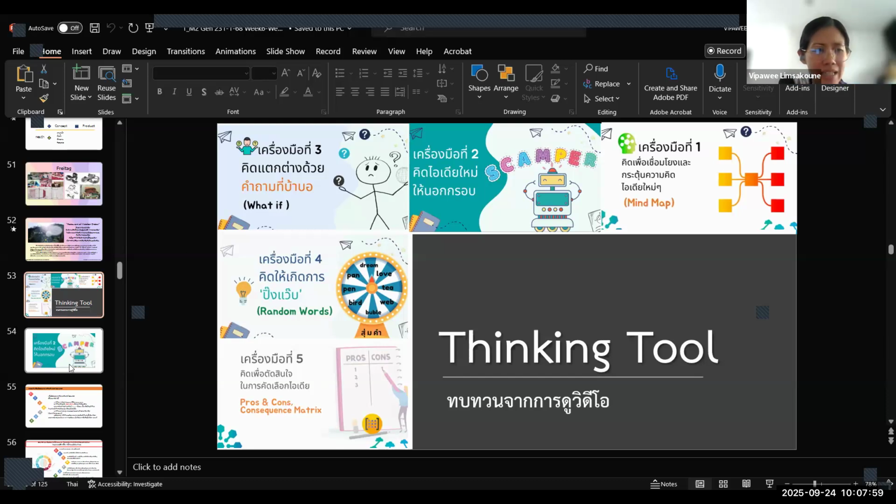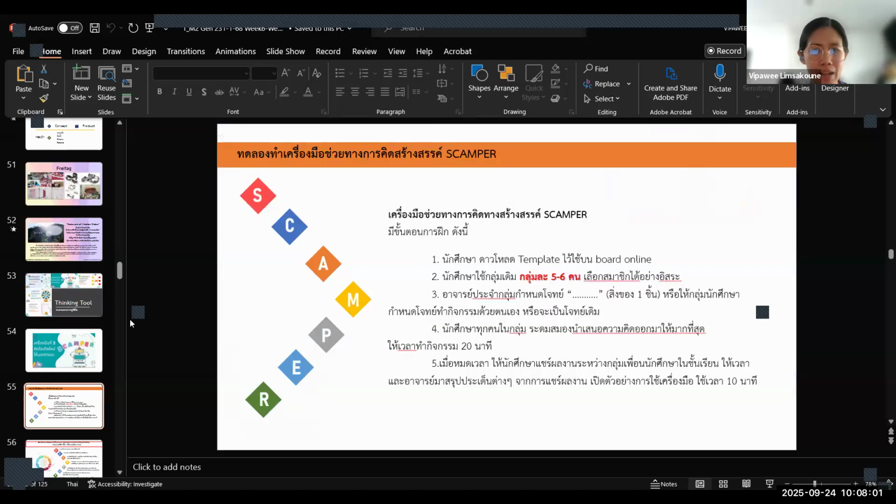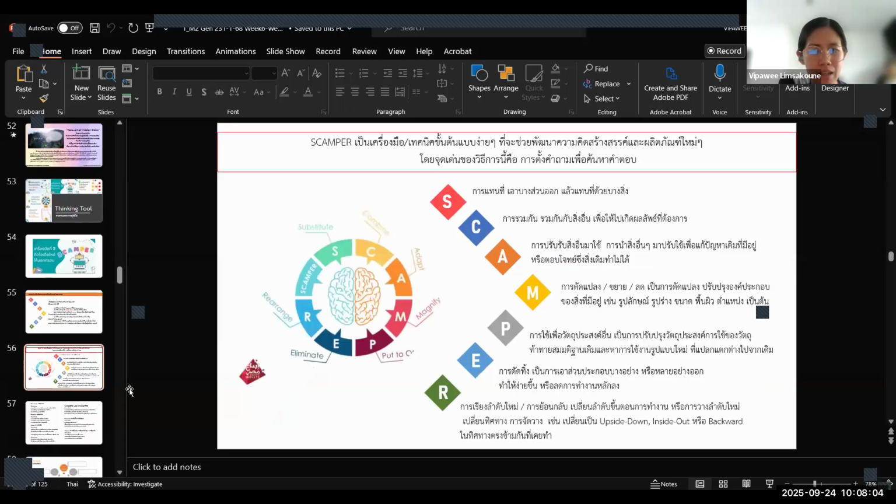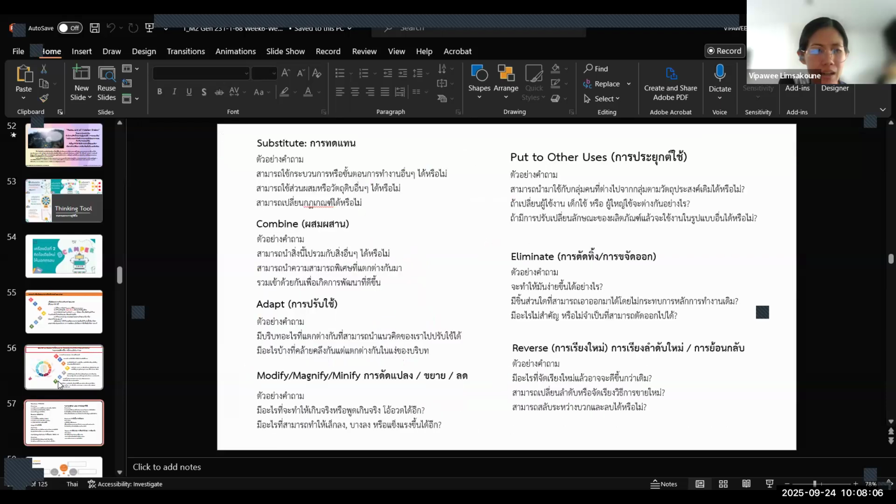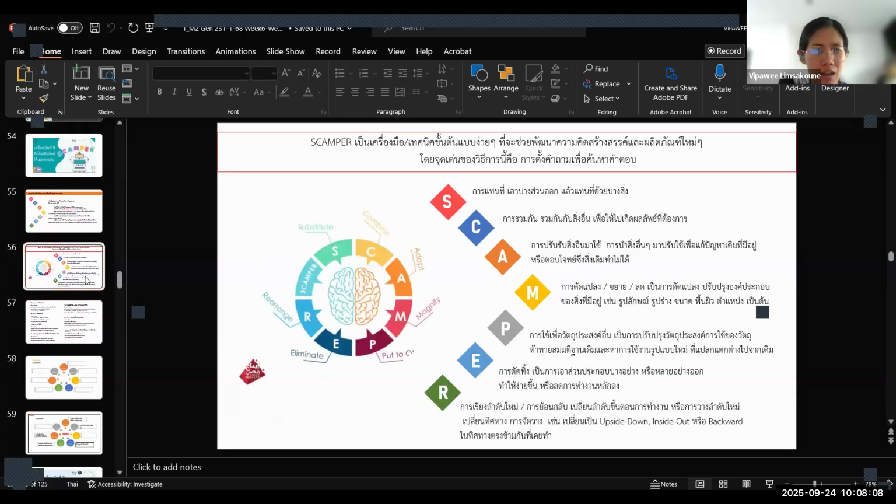So let's take a look at SCAMPER together. The first one is S, which stands for substitute.